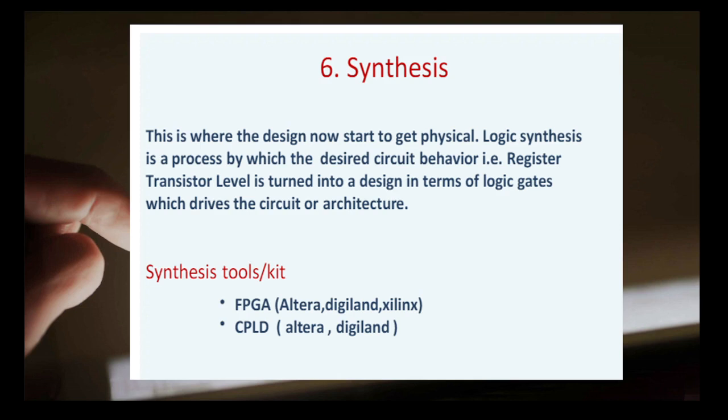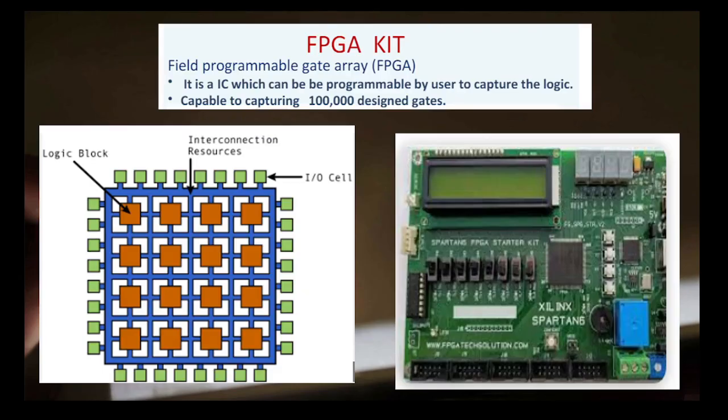Synthesis is a process where we convert the register transfer level into logic gates, so from register transfer level to gate level. In an FPGA kit, we have input blocks and output blocks at the boundary, and each cell has a CLB, configurable logic block, connected to neighboring cells with the help of programmable interconnect. The physical appearance of a Xilinx Spartan is displayed here. It is an IC which can be programmed by the user to capture logic, and it has the capability to capture 1 lakh logic gates.